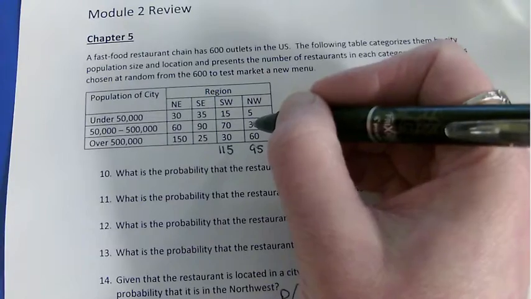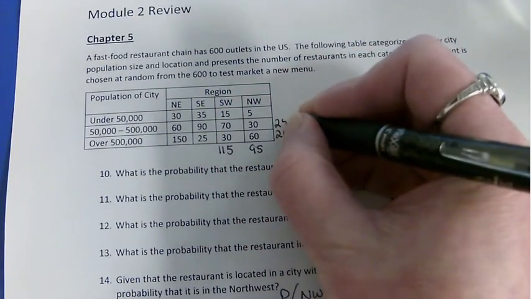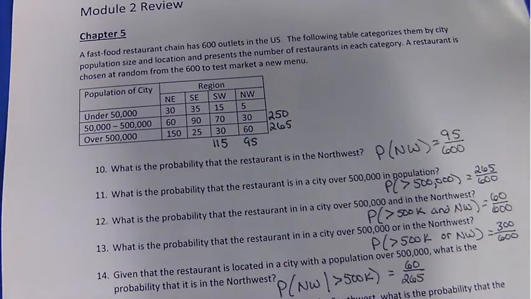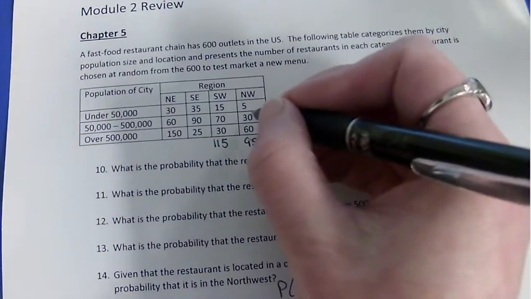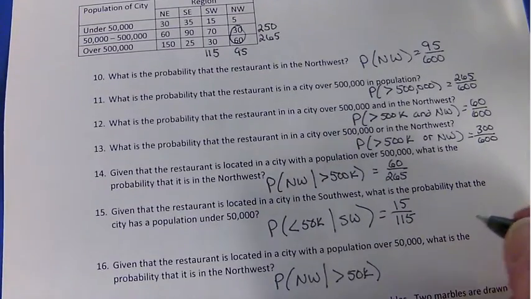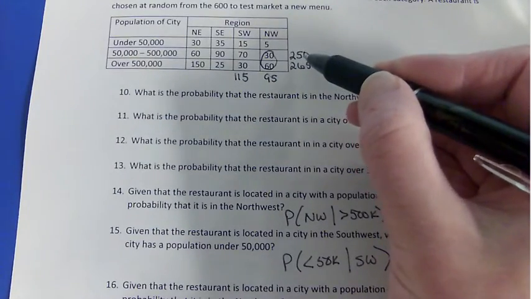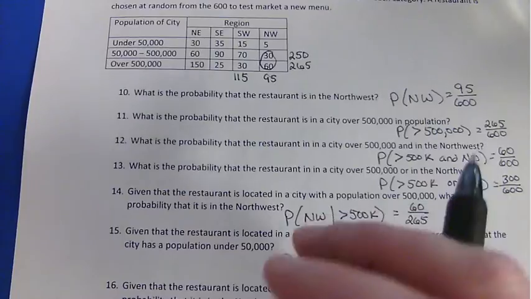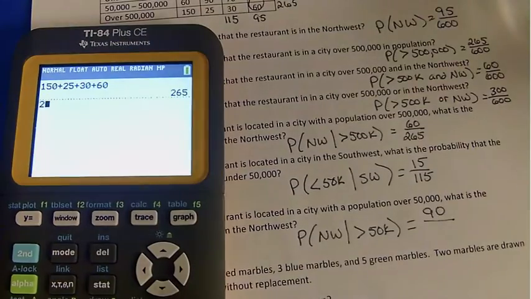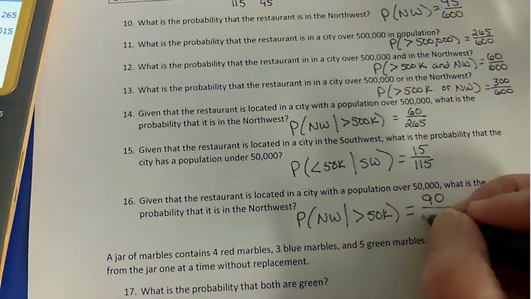Let's see, 100, 150, this would be 250. And Northwest would be these two. So that would be 30 plus 60, that's 90 out of over 50,000 would be this plus this. So 250 plus 265 would be 515.